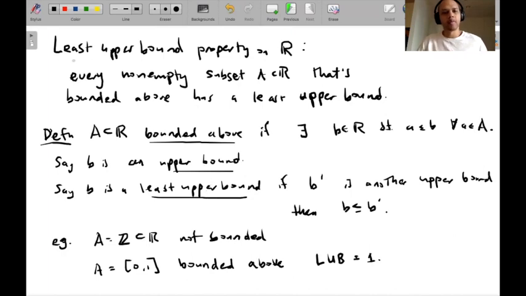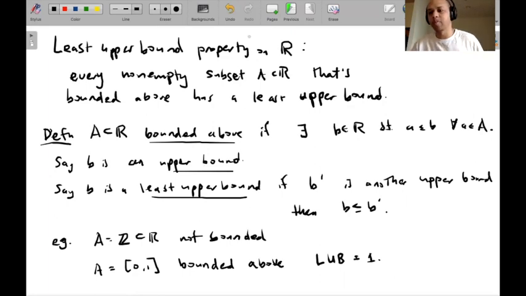So this least upper bound property of R, you should think of it as either a definition or a theorem. As it turns out, R is the unique ordered field that satisfies this least upper bound property. So for example, the rational numbers, well, I don't want to go too far down this road.